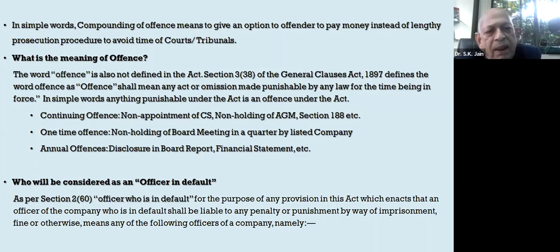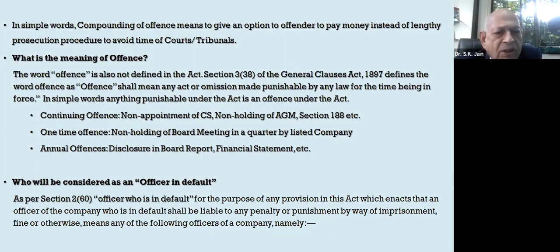So, so far as the second board meeting is concerned, if it is not held, then it will be treated as a one-time offence. Because you cannot hold that meeting which is required under the statute within 1 year, it cannot be held anytime thereafter.